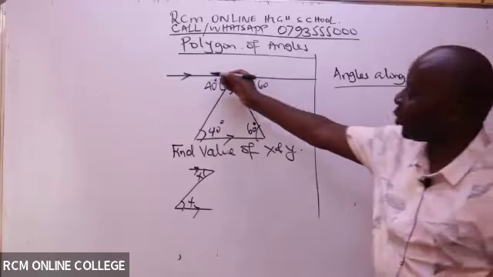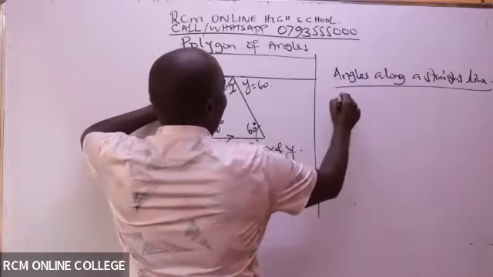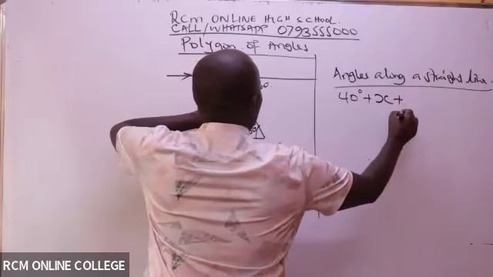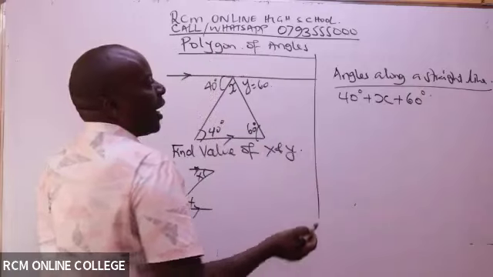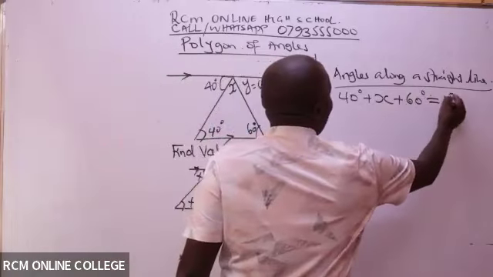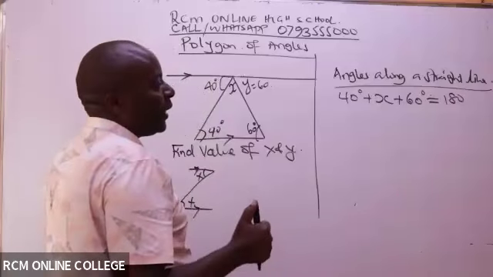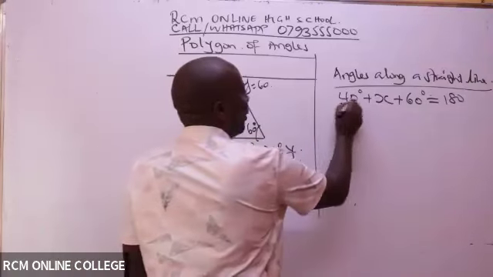So you can see this is a straight line and we have these three angles. So we have here 40 degrees plus this X plus 60 degrees. Angles along a straight line must always add up to 180 degrees. So we put like terms together.